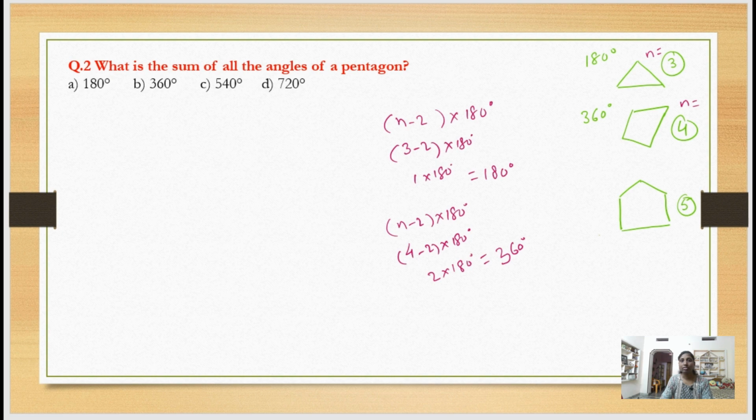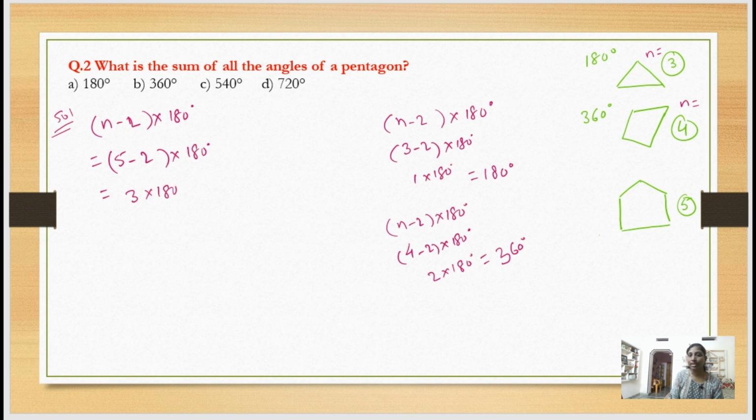So for pentagon, n is 5. So now let us find out what is the sum of 5 angles in a pentagon. So I will write the formula here, n minus 2 into 180 degree. Now n is 5. 5 minus 2 into 180 degree. So 5 minus 2 is 3.